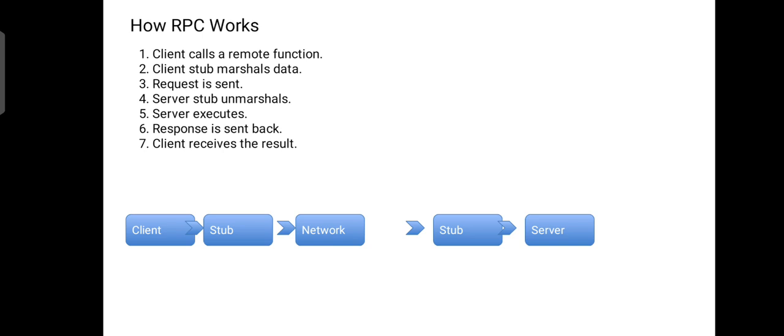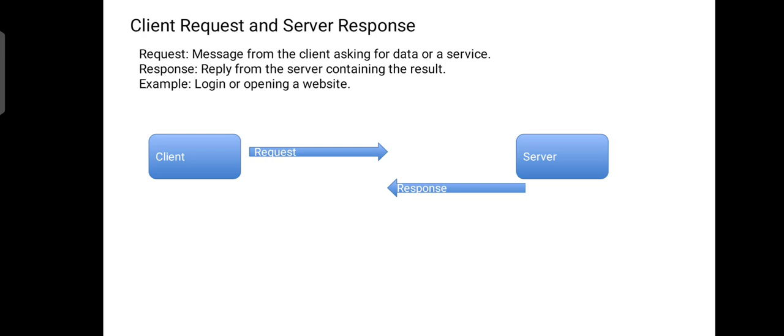Next is the client request and server response. A client request is a message sent by a client asking the server for information or a service. A server response is the reply sent by the server after processing the request.